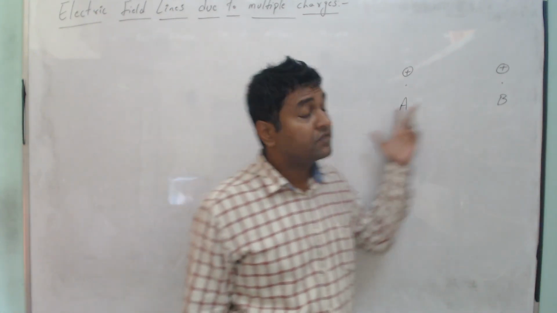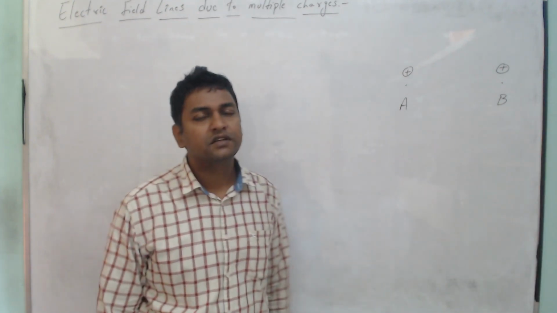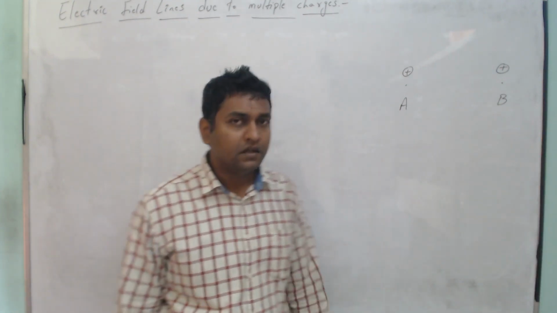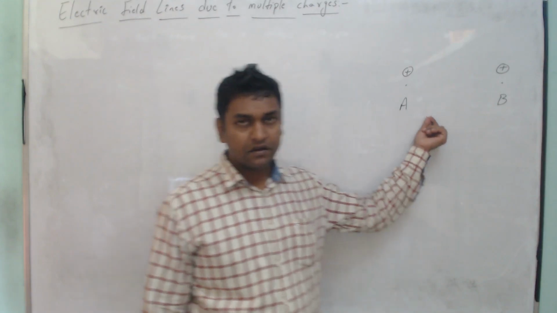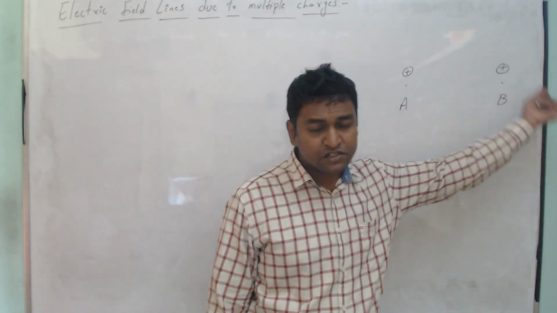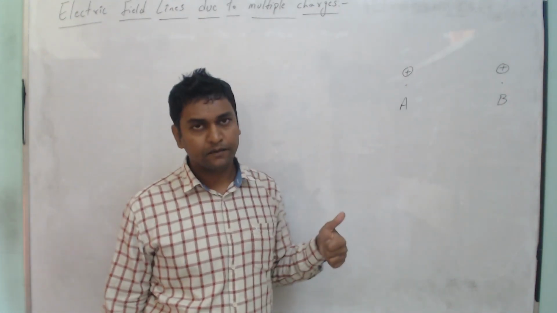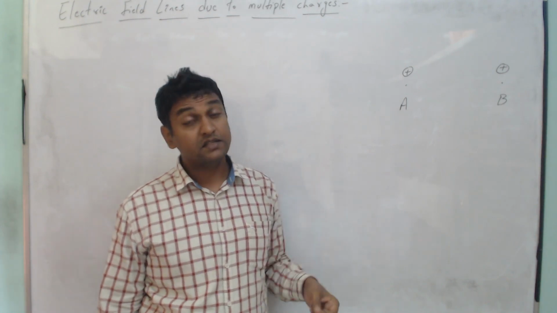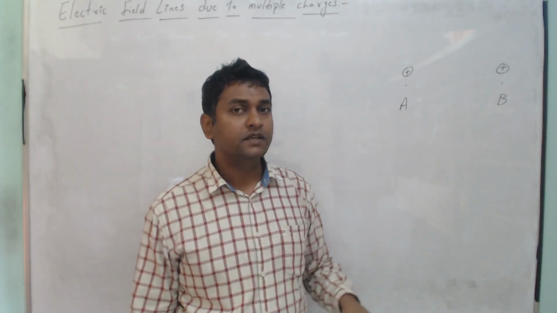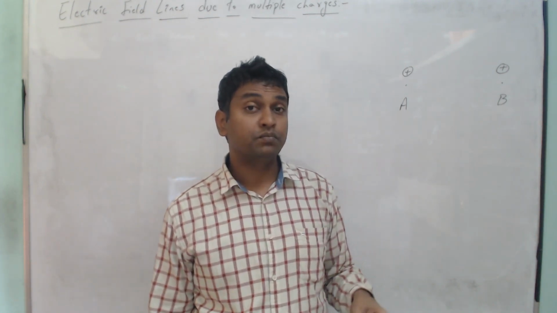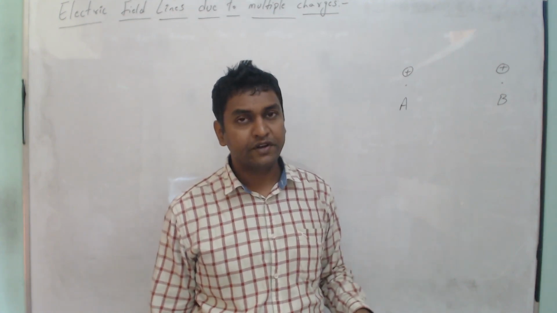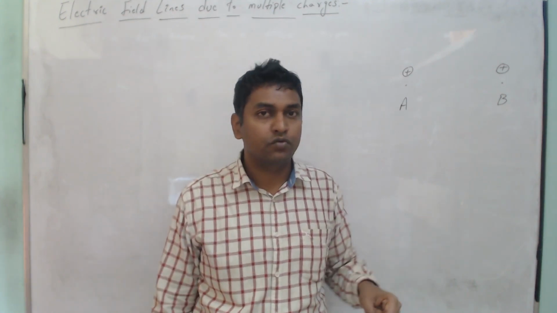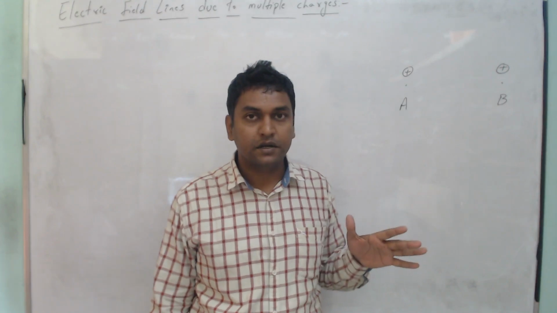But when we have more than one charge, then the field line at any point will be affected by the fields due to both the charges, right? Yes, sir. In this case, I also have to see which charge is closer to the point and which charge is farther from the point. Is this clear? Yes, sir.